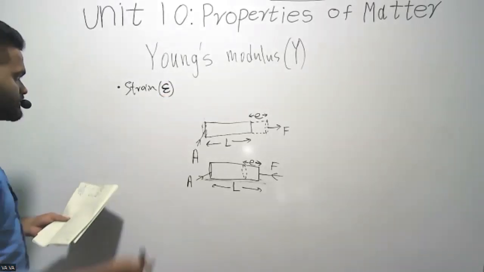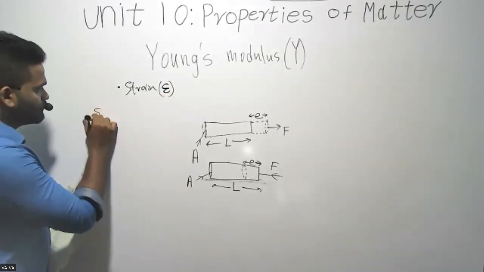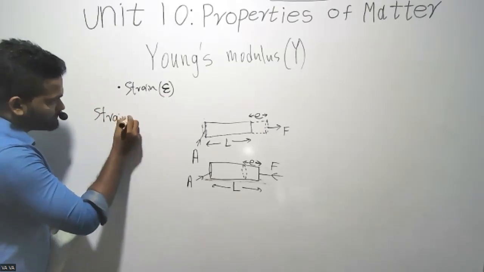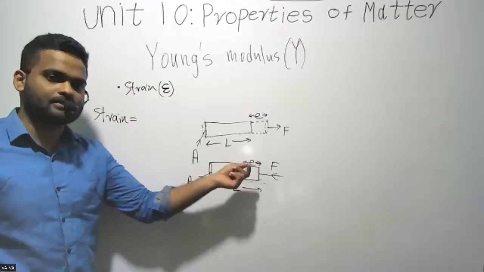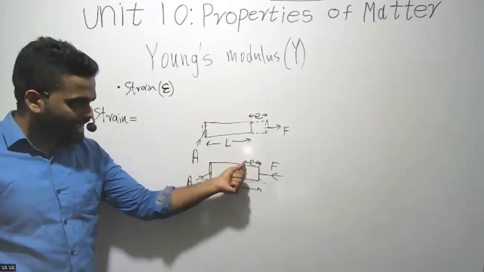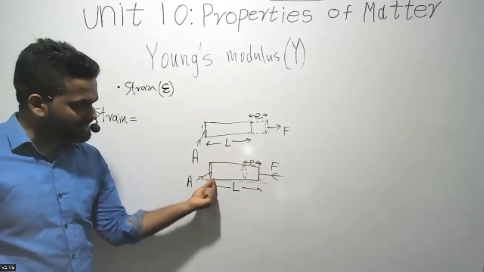For strain, this is the equation. Strain is equal to the extension divided by the initial length, the fractional change of length.